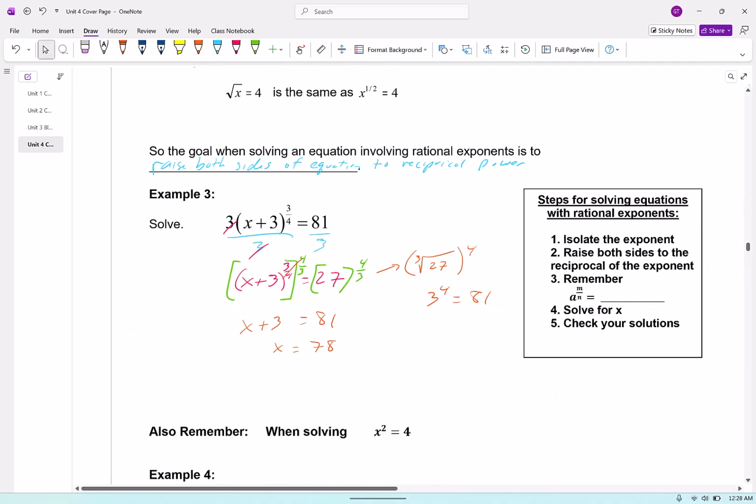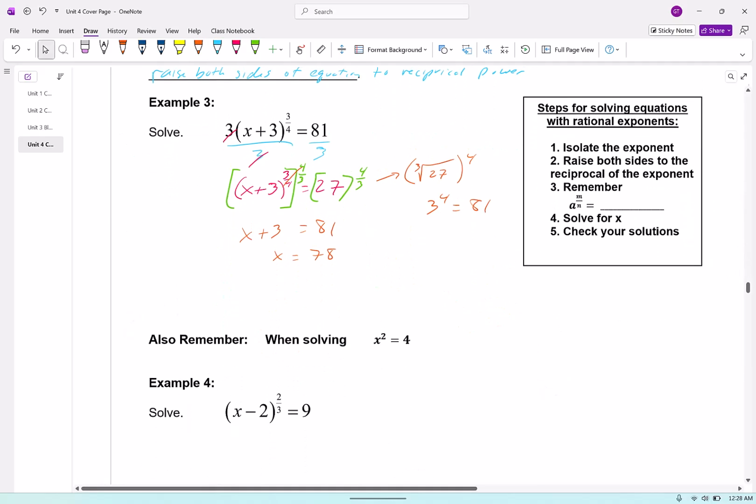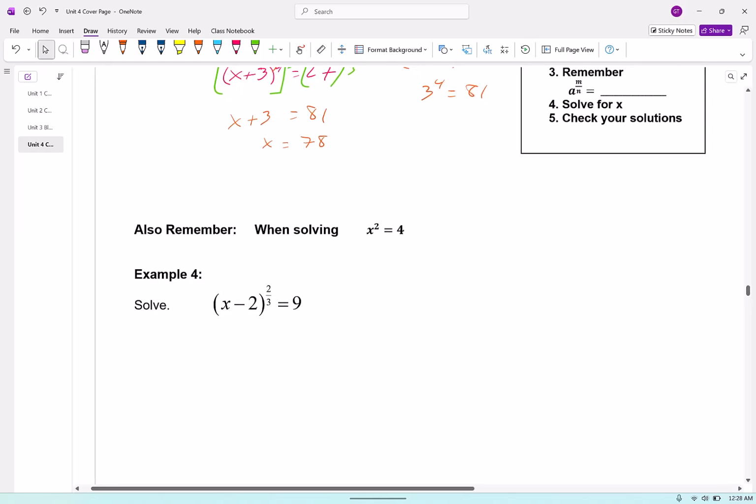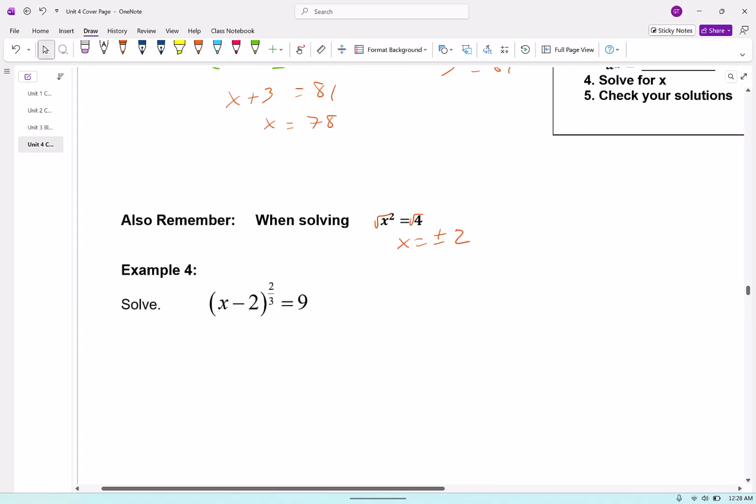For sake of time, I won't show you that, but you can check it on your calculator. All right, and so last one here. When solving for this, if I take the square root of both sides, I end up with x equals plus or minus 2. Just remember that. I got it isolated on this side, so I'm going to take it to the reciprocal power, 3 over 2, 3 over 2.